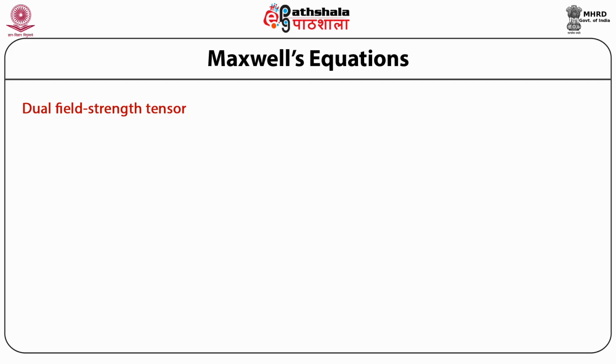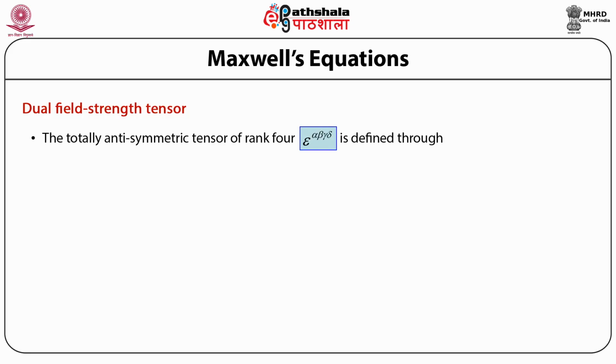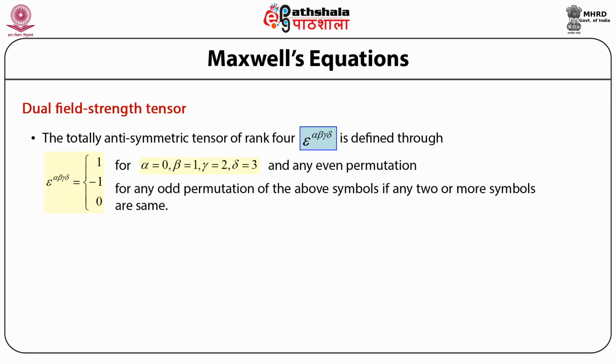we first define a totally antisymmetric tensor of rank 4, which is denoted by epsilon superscript alpha beta gamma delta, where this epsilon superscript alpha beta gamma delta takes the value 1 for alpha equal to 0, beta equal to 1, gamma equal to 2 and delta equal to 3, or any other even permutation of these 4 terms.